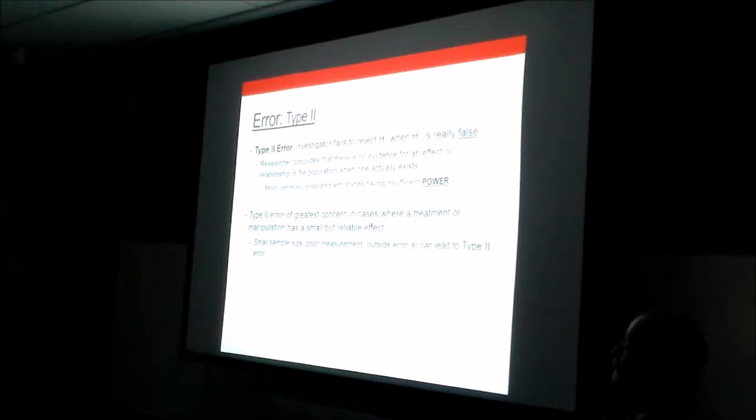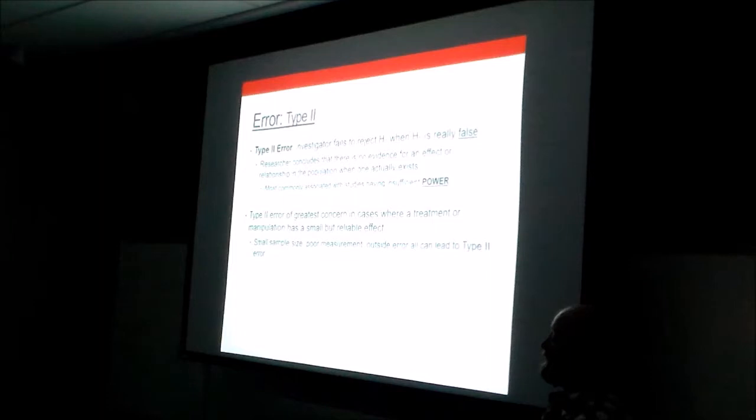But that's a small effect, right? And it's going to take a pretty powerful study in order to determine that reliably. And so the risk is that people who could be helped by this medication aren't getting it because of this type 2 error that I'm making. Small sample size, poor measurement, outside error, small effects, these are all things that can produce type 2 errors.